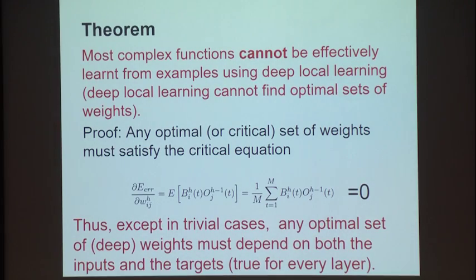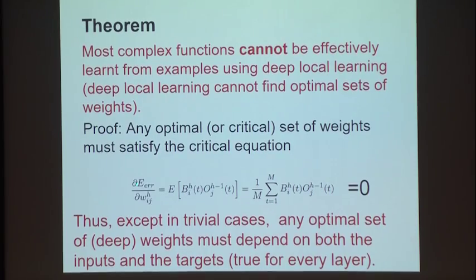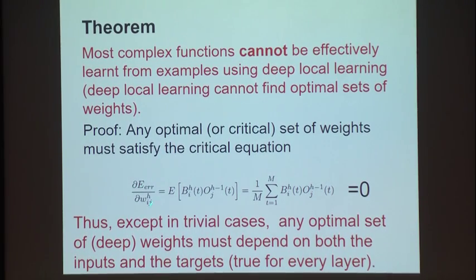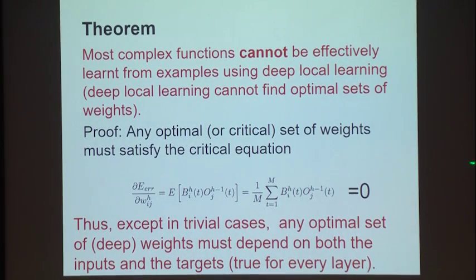And the reason is simple: if you write down the equation for the optimal weights, that is, the weights where the derivative of the error with respect to the weights is equal to 0, which is basically backpropagation equals 0, you see immediately that the deep weights have to depend on various things, including the targets. Every deep weight in the network has to depend also on the targets.